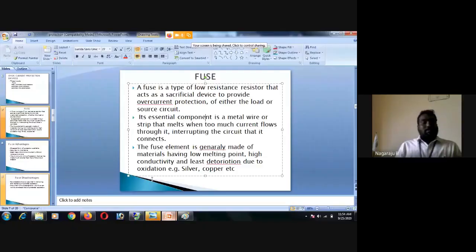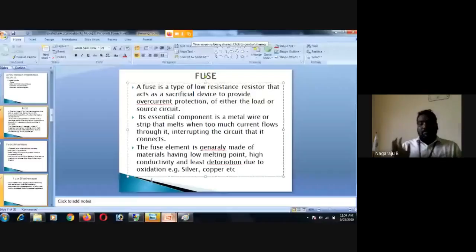The rating of the particular fuse cutouts or power fuses is selected by four things. First is continuous current carrying capacity. Second is nominal voltage. Third is maximum design voltage. Fourth is interrupting capacity.